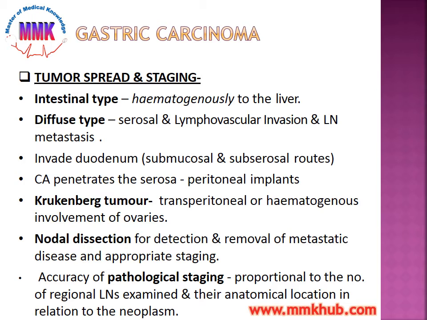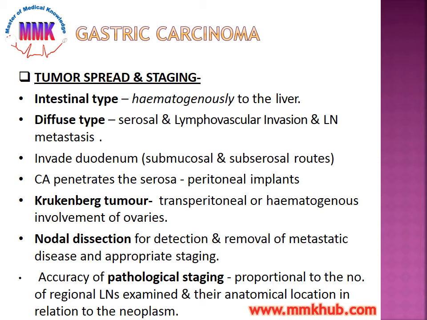Now, the tumor spread and staging of gastric carcinoma. Intestinal type of gastric carcinoma spreads hematogenously, means via the blood-borne method, and the main dissemination is to the liver, while the diffuse type mostly spreads via serosal involvement, lymphovascular invasion and lymph node metastasis.